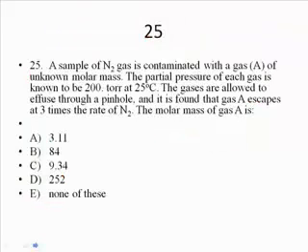Okay, a sample of nitrogen gas is contaminated with some other gas, and we have a partial pressure of each gas, and they're allowed to effuse through a pinhole, and it's found that gas A escapes at 3 times the rate of the nitrogen, and I want to know what is the molar mass of our unknown gas.